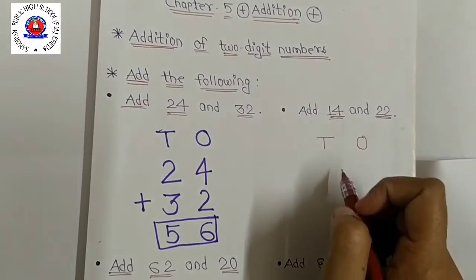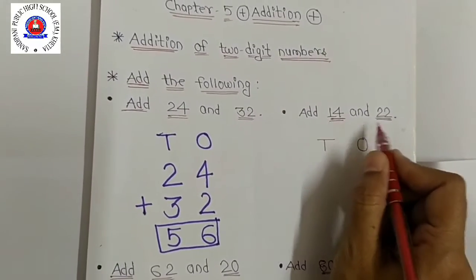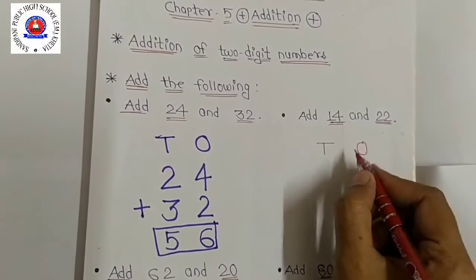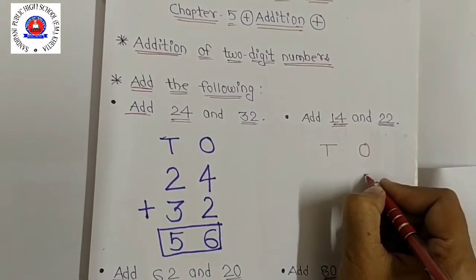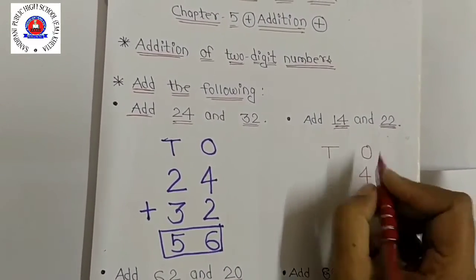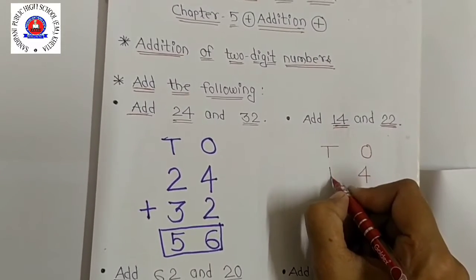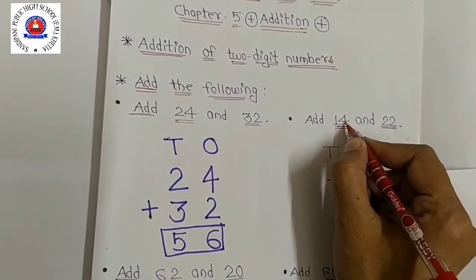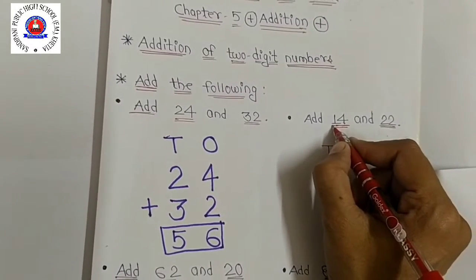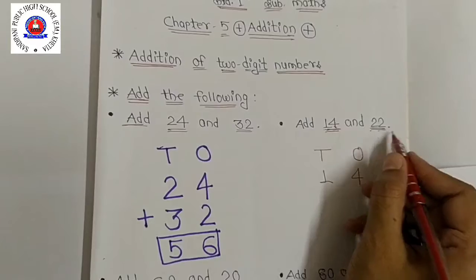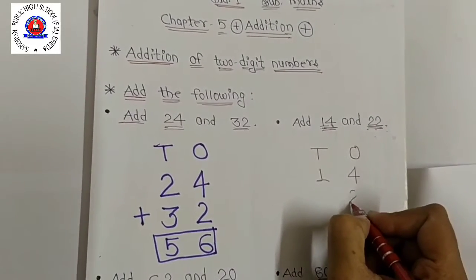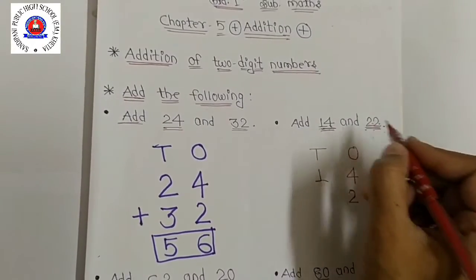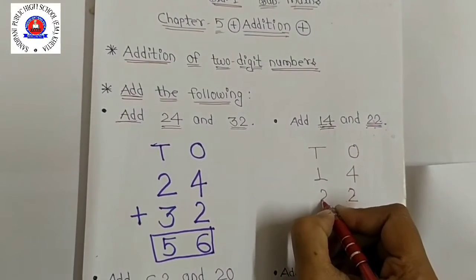The second one is 8, 14 and 22. Arrange 14 and 22 in the tens and ones columns. First, 4: write 4 in the ones column and 1 in the tens column, because you know very well that the first digit is ones and this one is tens. Now 22: write 2 in the ones column and 2 in the tens column.